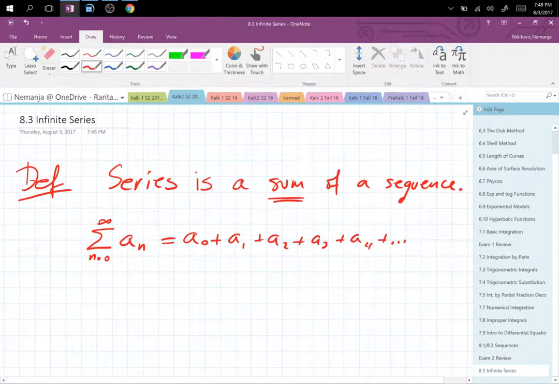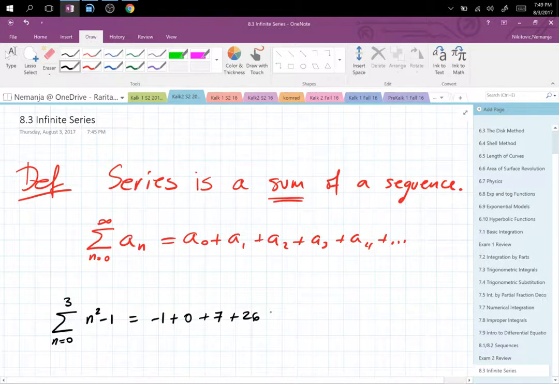Now, we do have finite series. If you write the summation of, let's say, n goes from 0 to 3 of n squared minus 1, well, that is going to be -1 plus, for 1 we have 0, plus for 2 we have 7, and for 3 we have 26.